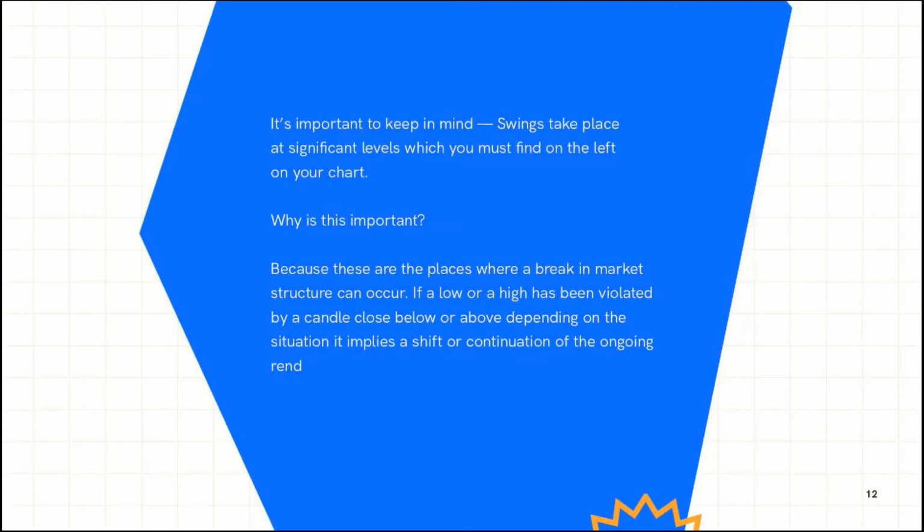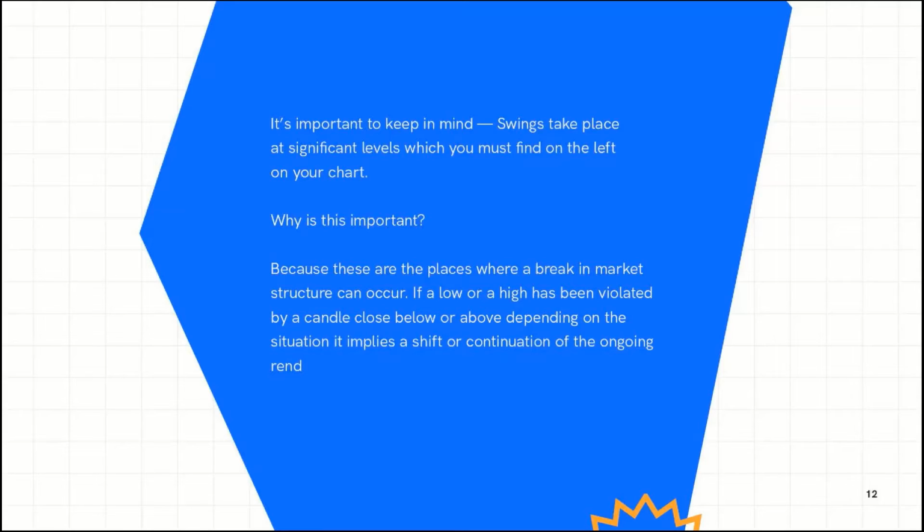It is important to keep in mind, swings take place at significant levels, which you must find on the left of your chart. So for you to understand swing points, you have to go back in time on your chart. I'll show you on the chart soon. You have to go back on your chart to check and see how these swing points occur and why. And why is it really important?